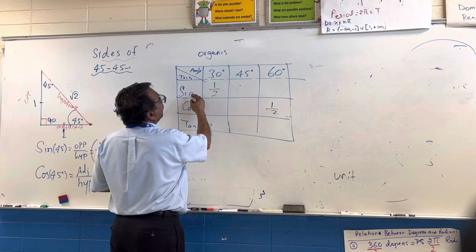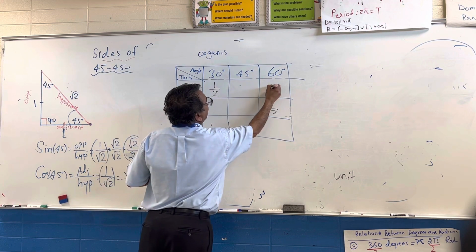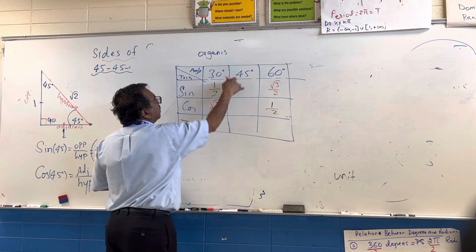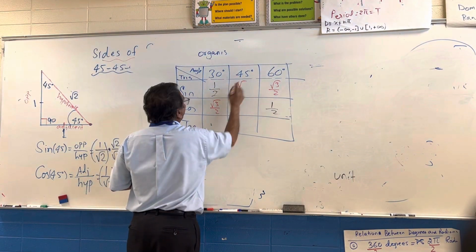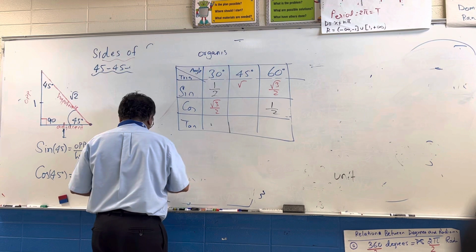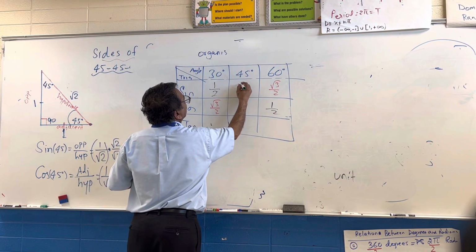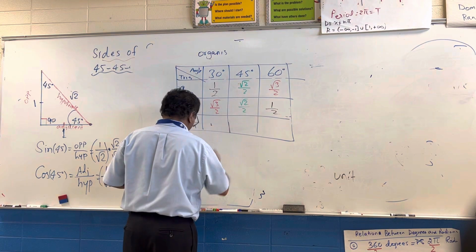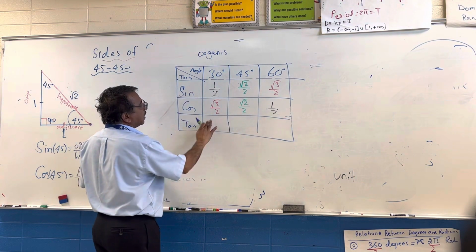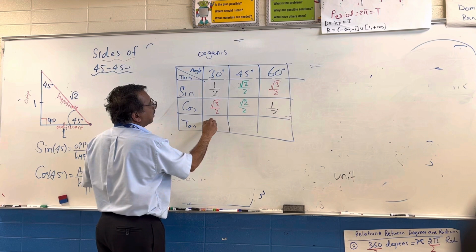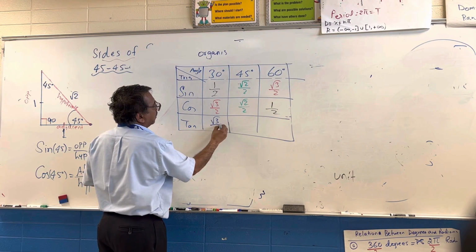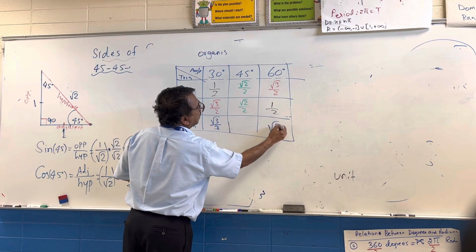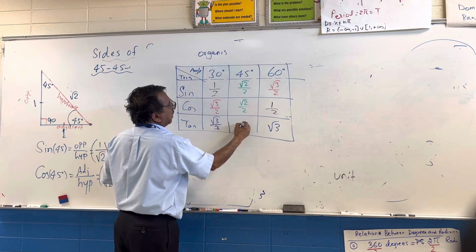Then sine 60 is root 3 divided by 2, and cosine 30 is root 3 by 2. These two are root 2 over 2, so I'm going to use a different color for that. Root 2 over 2. And then tan 30 was root 3 over 3. Tan 45 was 1, and tan 60 is root 3.